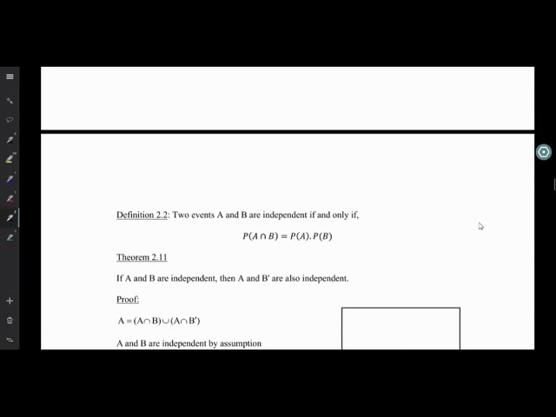The next definition: two events A and B are independent if and only if the probability of A intersection B is the same as P(A) times P(B). How do we get this?